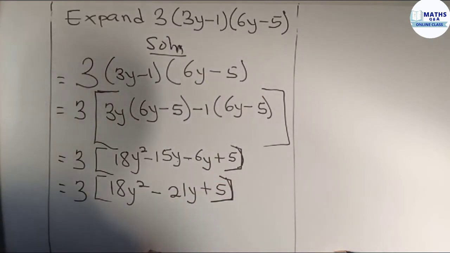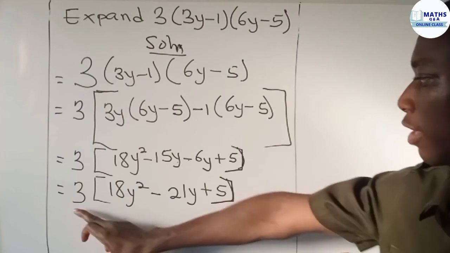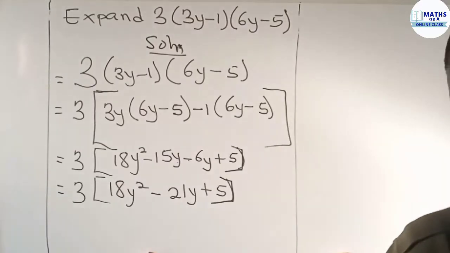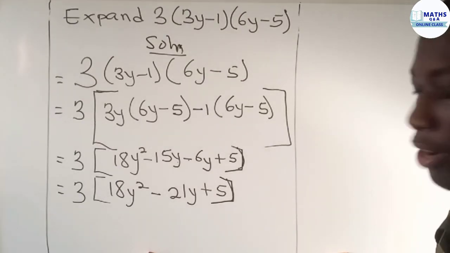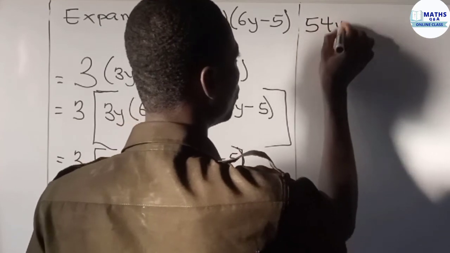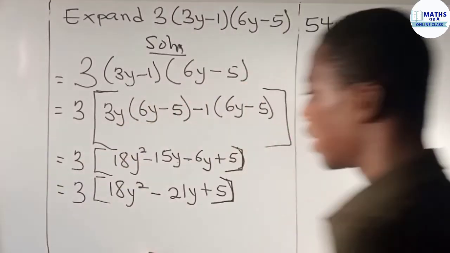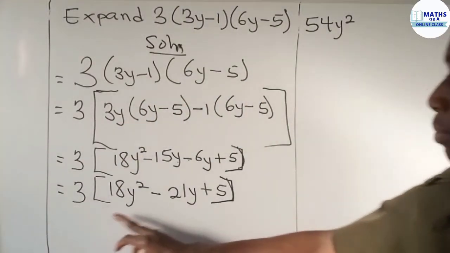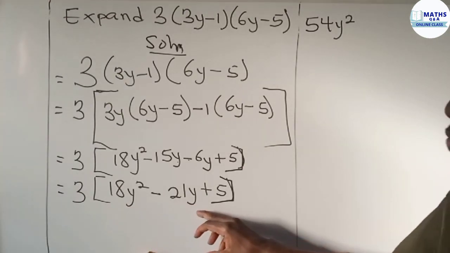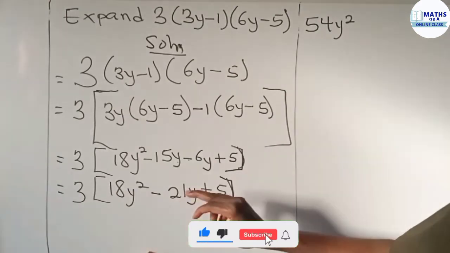So let's do that. Now we multiply 3 by 18y squared, and we get what? 54y squared, right? So I have 54y squared. The next one is 3 multiplying negative 21y, and that one gives us what? 3 multiplied by 21 is 63.